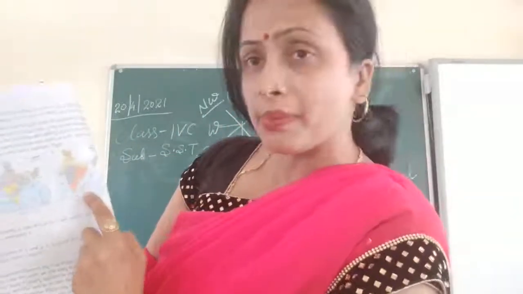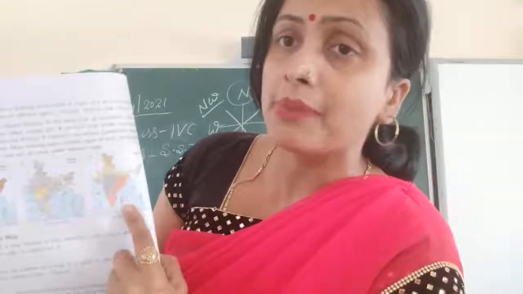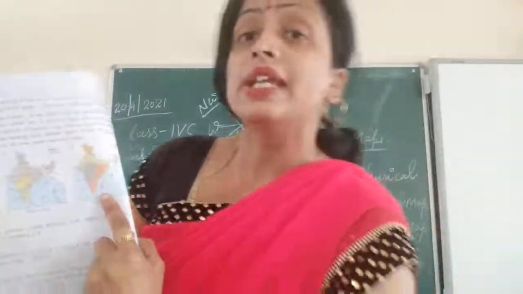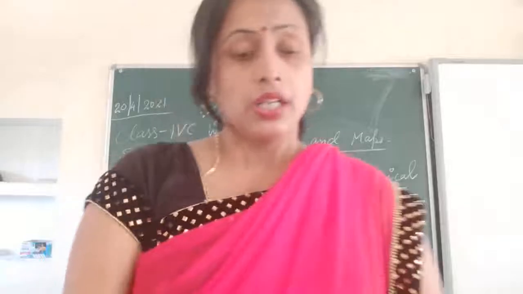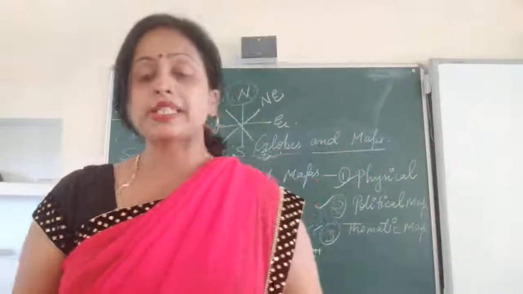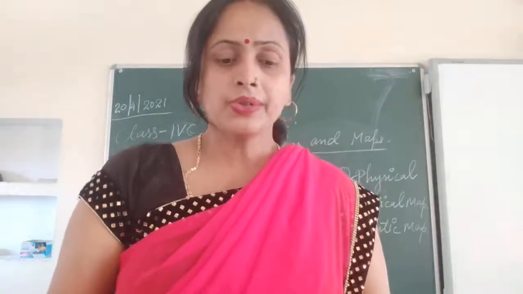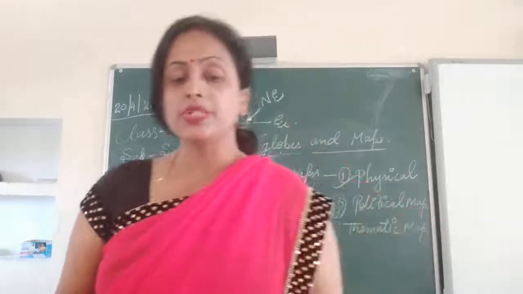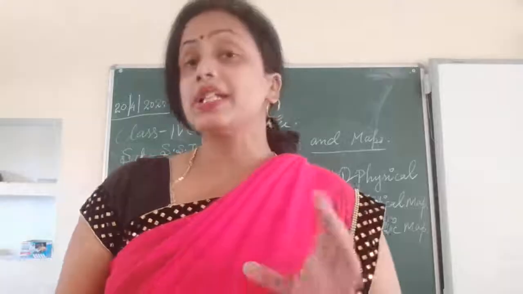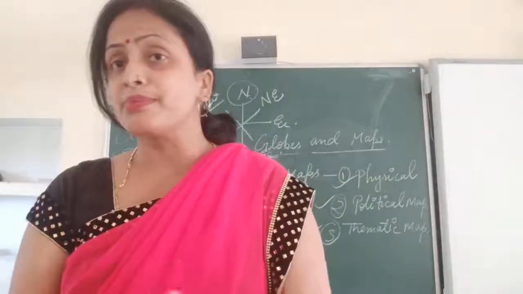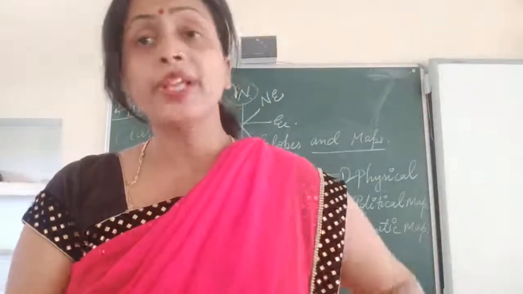Here the corner of the map is given. At the corner of the map, the legend or key is required to know the color of a particular symbol. What color scheme and symbols are used in a map? How do we come to know that?